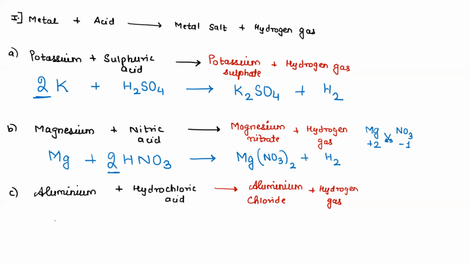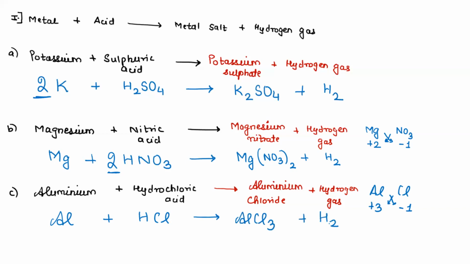And the last one, Al plus HCl gives aluminium chloride. Al is +3, Cl is -1. It is AlCl3 plus H2. How will you balance this? Aluminium is 1 on left hand side, 1 atom on right hand side, so it is balanced. Talking about chlorine, 3. So we will try to write this 3.